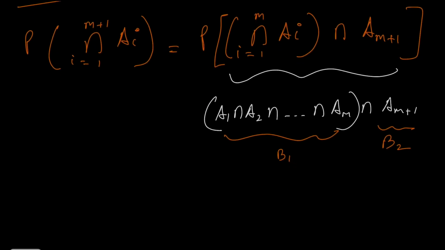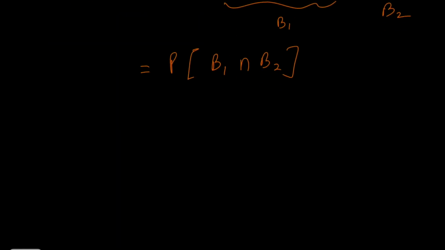So we can write this as P of B1 intersection B2, and we have already proved that this is greater than or equal to P of B1 plus P of B2 minus 1.